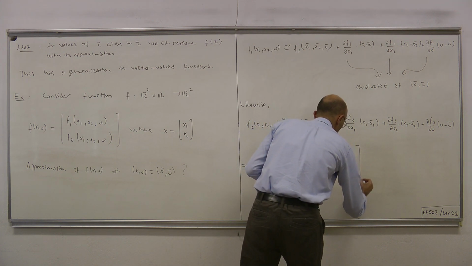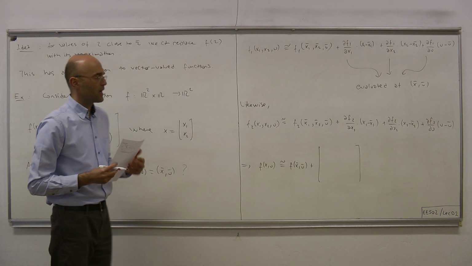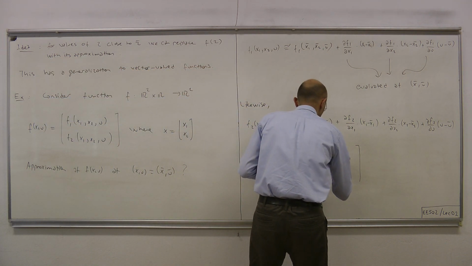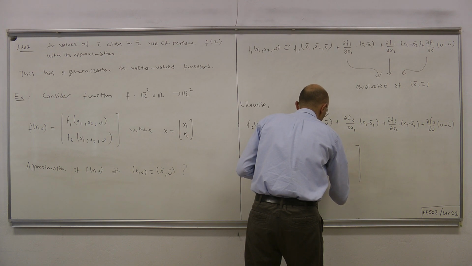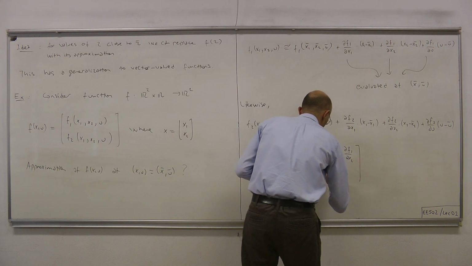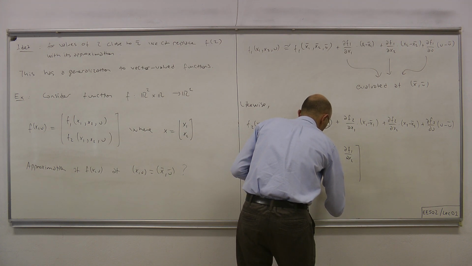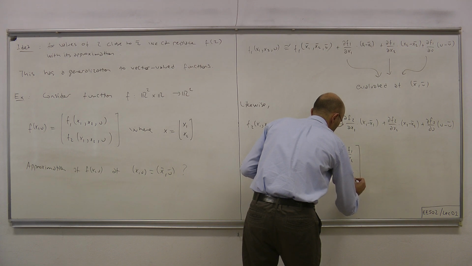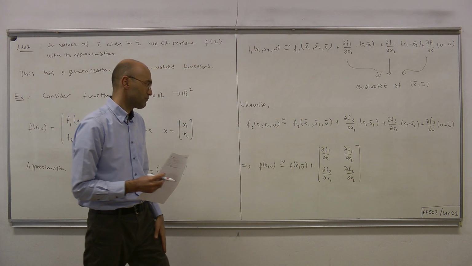Okay, we can collect all those partial derivative terms and obtain a matrix: partial f1 partial x1, partial f1 partial x2, partial f2 partial x1, and partial f2 partial x2. Okay.